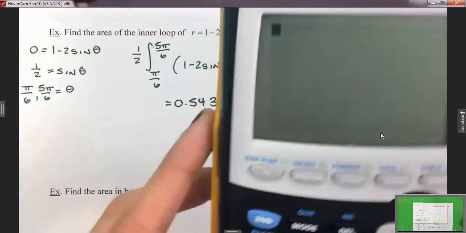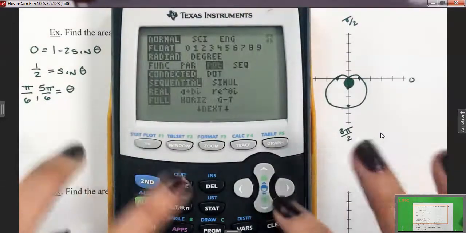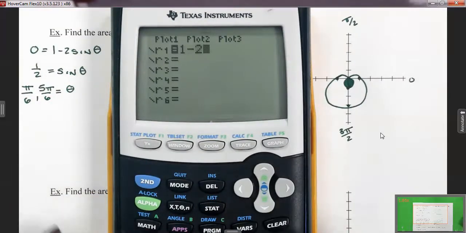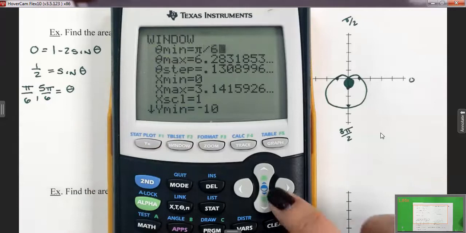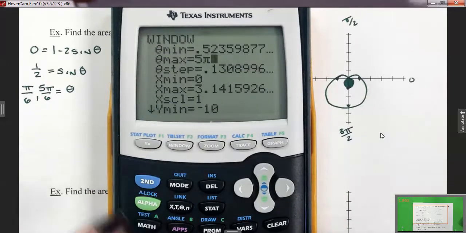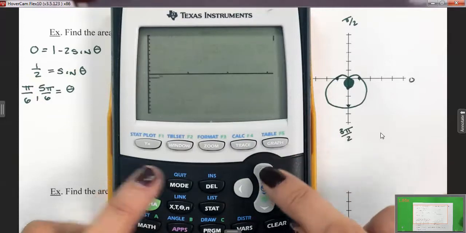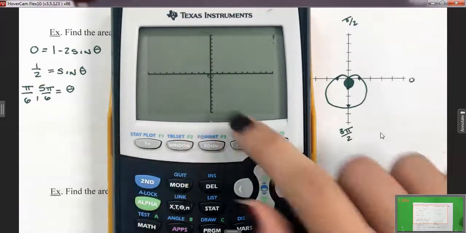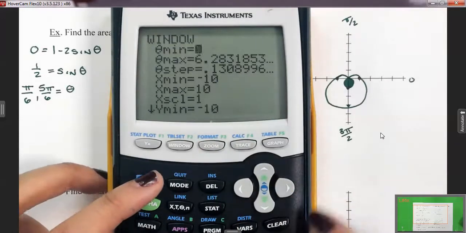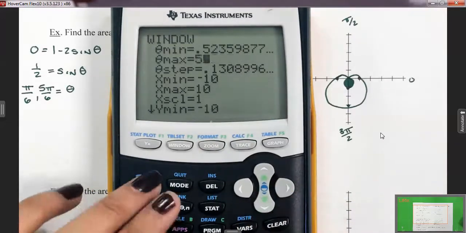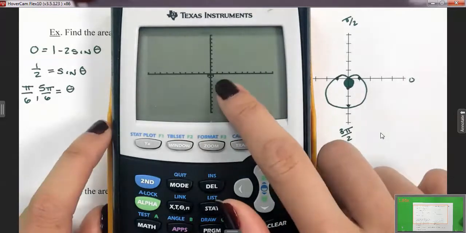Even if you graphed r = 1 minus 2 sine theta in polar mode on your calculator, and change the window from pi over 6 to 5 pi over 6, theta min and theta max, it'll only graph that little inner circle.